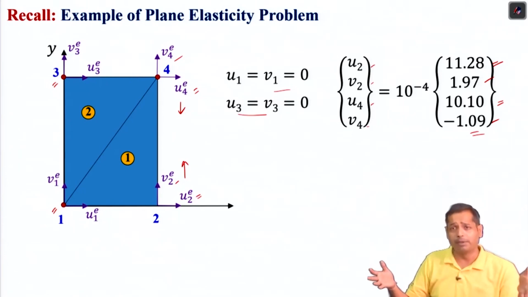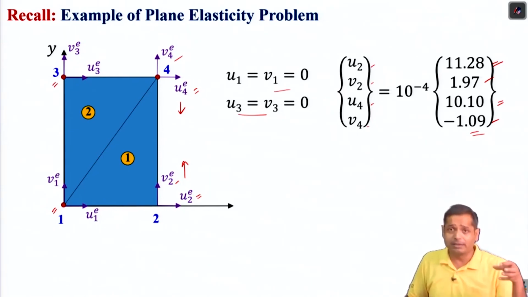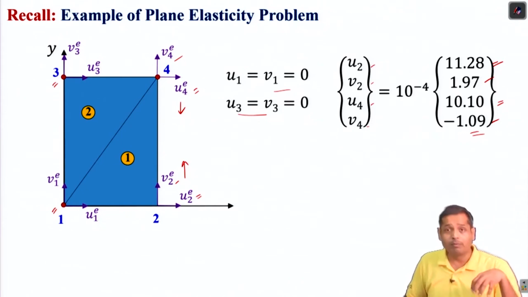Solution means we'll get numbers, right? But it is very important to check all the numbers that we obtain by solving some equations. Those numbers carry meaningful information about the problem, whether those numbers represent the physics of the problem properly.